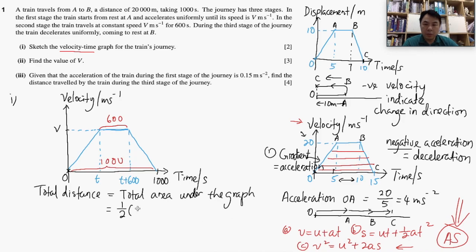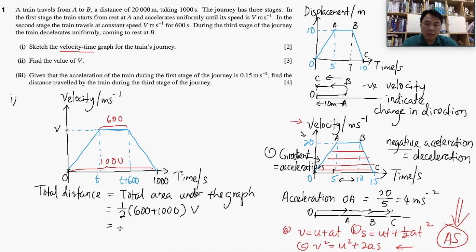So we put in 600 plus 1,000 here, and then multiply by its height, which is v. This is how we find the area under the graph, which represents the total distance traveled.